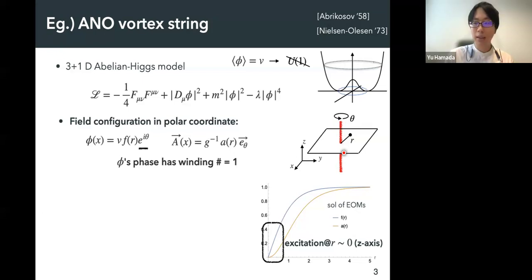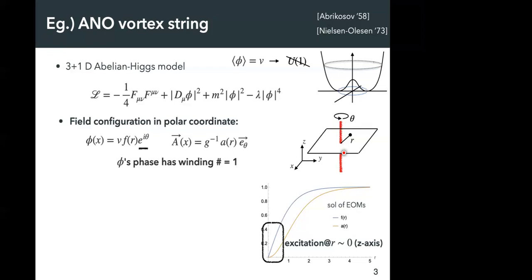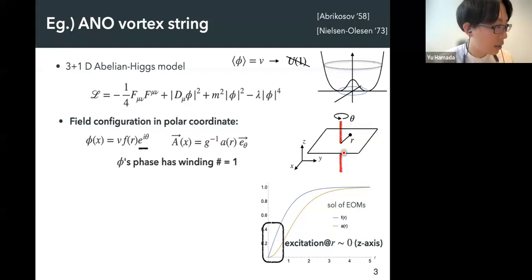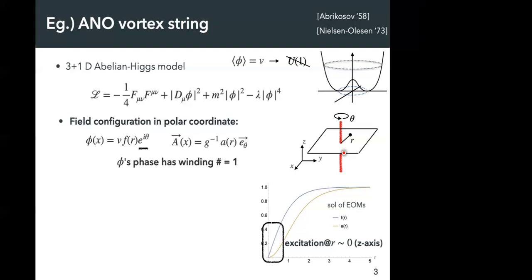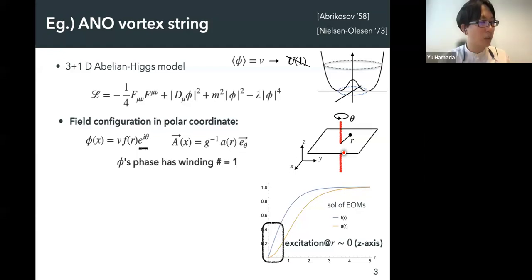You mean now we can consider the field phi as a g-axis value? Because in your field configuration there is no g-axis value, so what do you mean by the axis value?